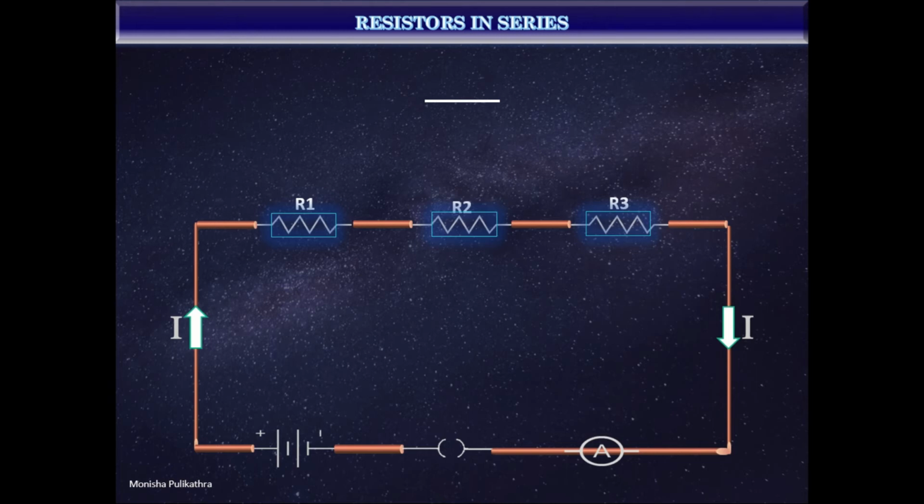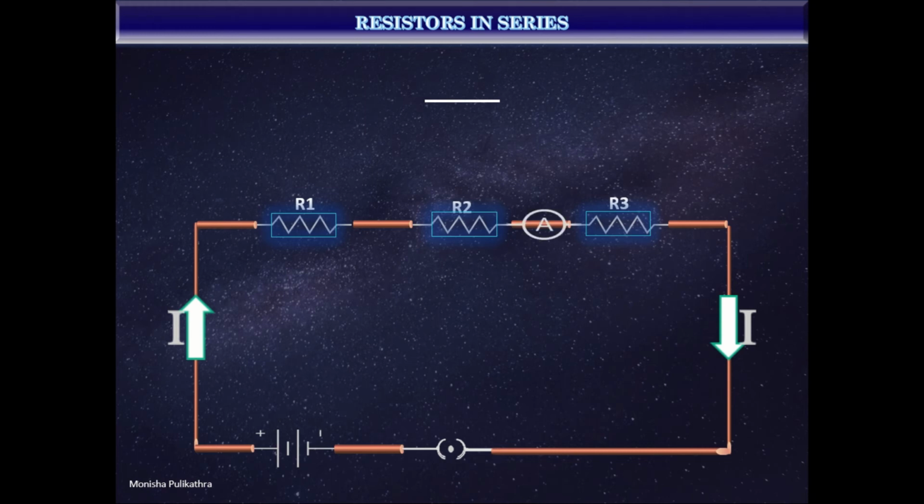Let's perform a small activity now. Close the plug key and note the ammeter reading of these 3 resistors connected in series. Let the reading be I amperes. Now place the ammeter between R1 and R2 and note the reading, and again place it between R2 and R3 and again note the reading.